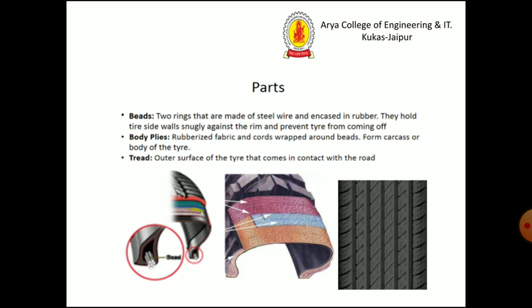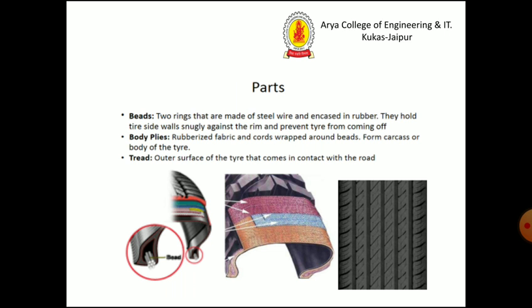The basic parts of the tire: beads, the two rings that are made of steel wire and encased in rubber. They hold the tire sidewalls firmly against the rim and prevent the tire from coming off, as shown in the left side of the figure.